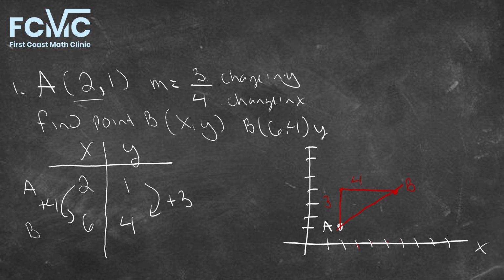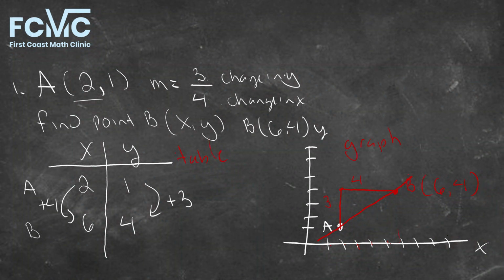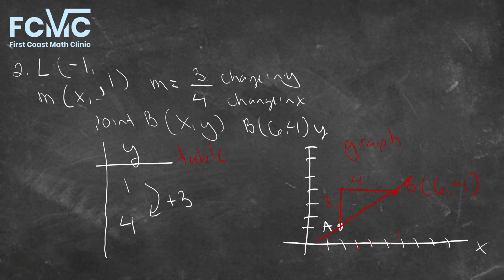So this is our line. And if we look at our location for point B, we're at 6, 4. So we found point B using a table and using a graph.